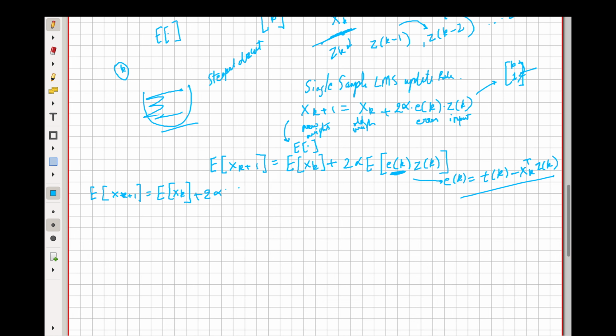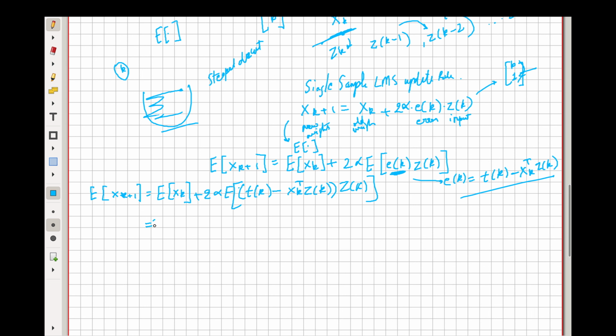We'll just leave this as E. I was going to expand it right away, but we'll first put the values in there and then expand it. This is going to be, my mistake, simply this, right? t_k minus x_k transpose z_k, and then we can expand this.